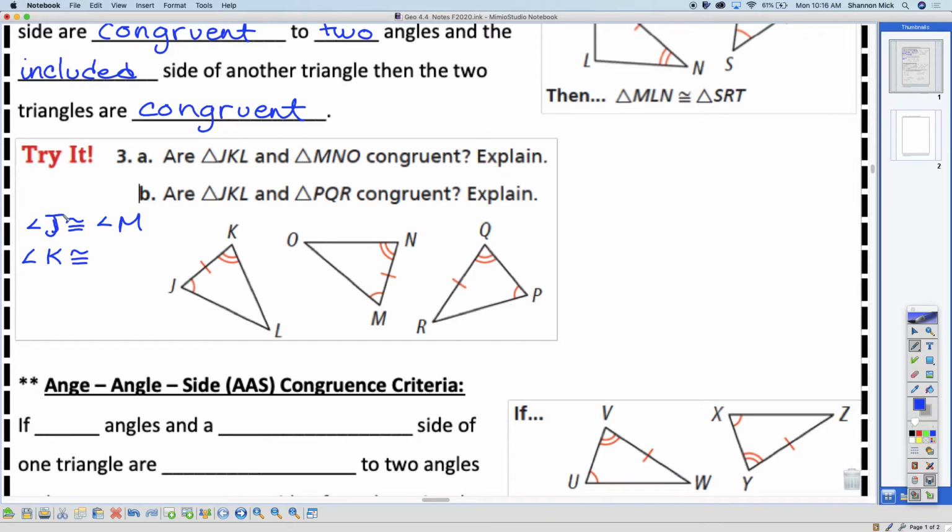K is congruent to N. And so then we know JK is congruent to what? MN, it should be MN, shouldn't it? So are these the two angles and the side in between them on both of them? Yes. So by angle, side, angle, they are congruent.